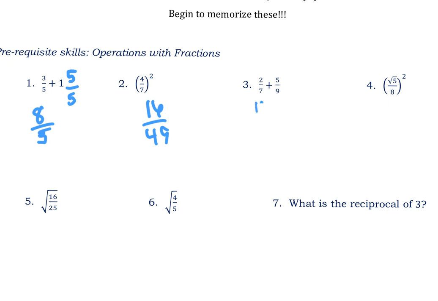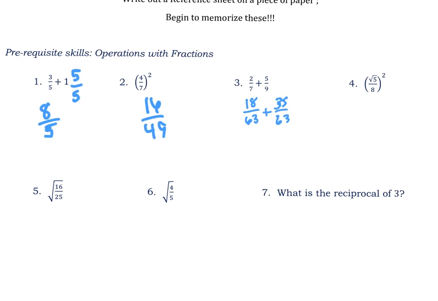It's 18 over 63. Excellent. And then the second fraction, Allison? 35 over 63, and I'm writing fast and it's messy. So then we've got to add that. So 8 plus 5 is 13. So what do we get? 53 over 63. Yes? Okay.